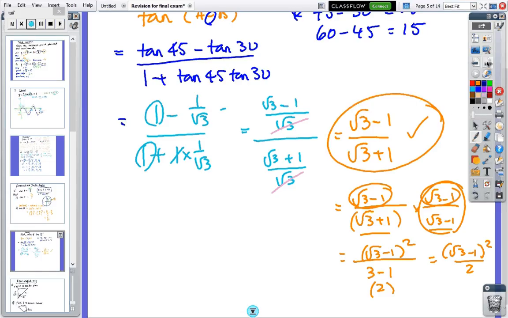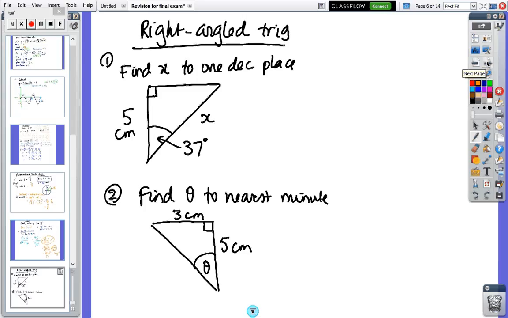Okay, moving on. So we've got some year 9 trigonometry, so zip through this as quick as you can. Make sure your calculator's in degree mode. Okay, so we've got the angle here, so that's the opposite, that's the hypotenuse, that's the adjacent.